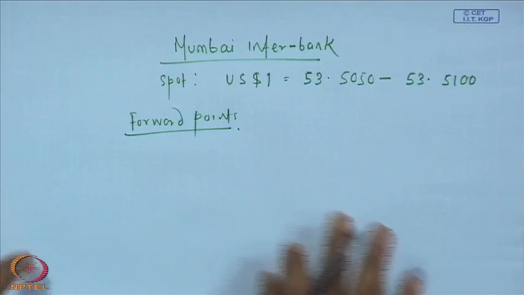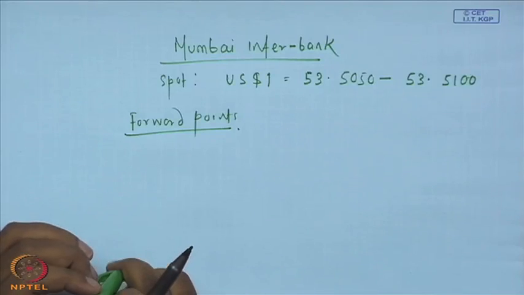Now, for whom we are calculating the forward contract? For the exporter. That means, exporter is getting foreign currency during the month of January, but which date of January you do not know. The month of January, okay, entire month you have to calculate.